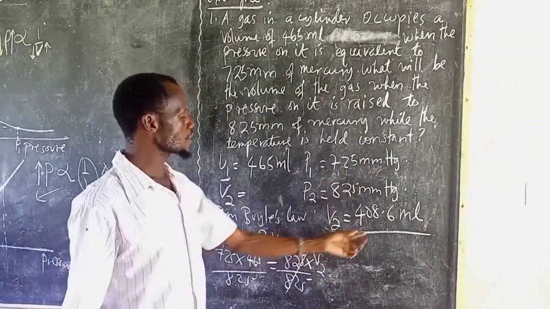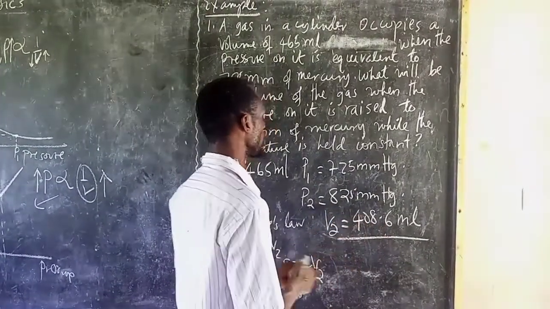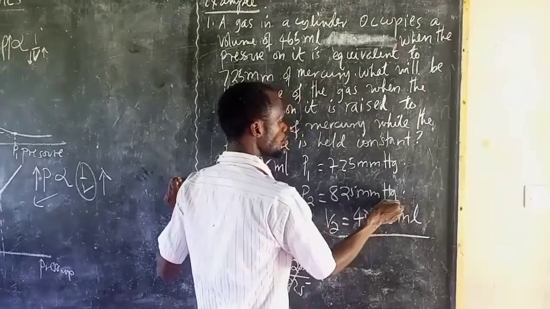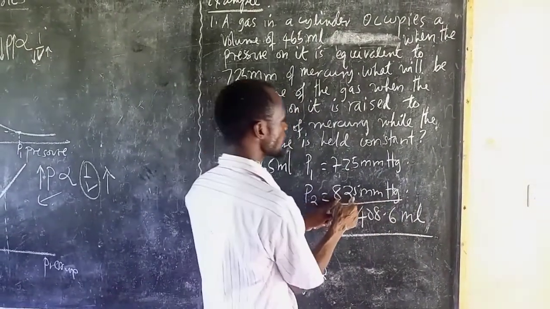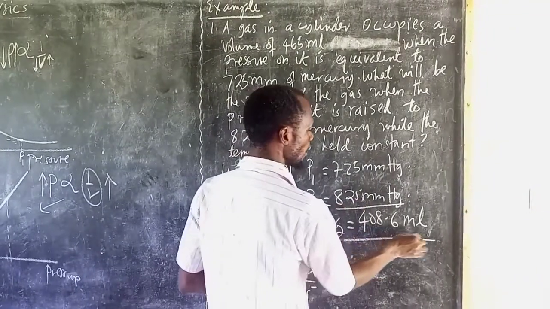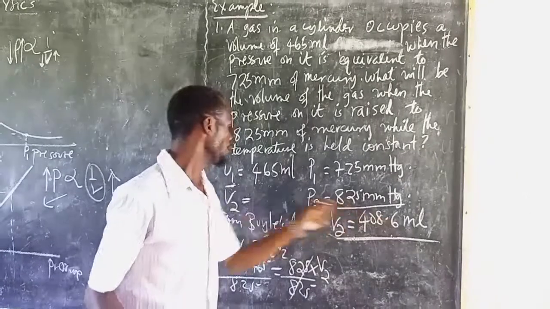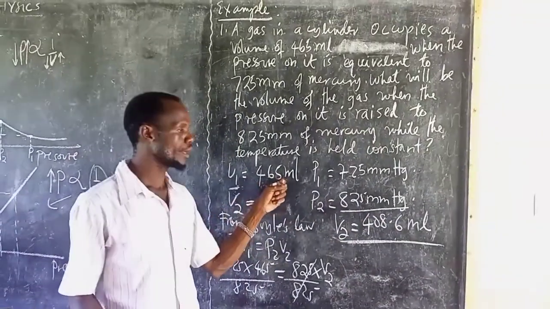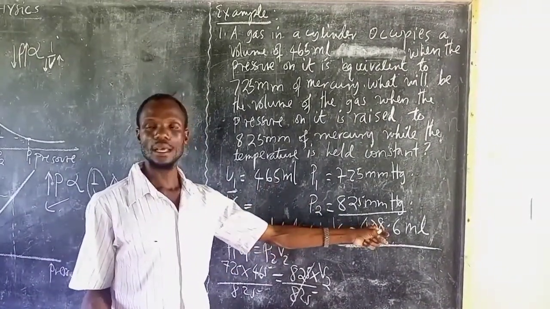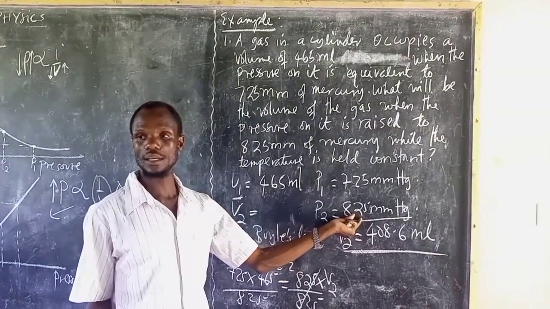And then the volume was recorded as 408.6 when the pressure was increased. You can see the pressure was increased to 825, then the volume was reduced to 408.6. Before it was 465, now it is 408, simply because there is a greater pressure.